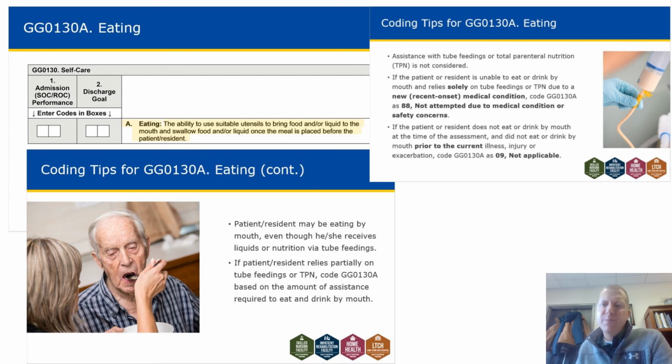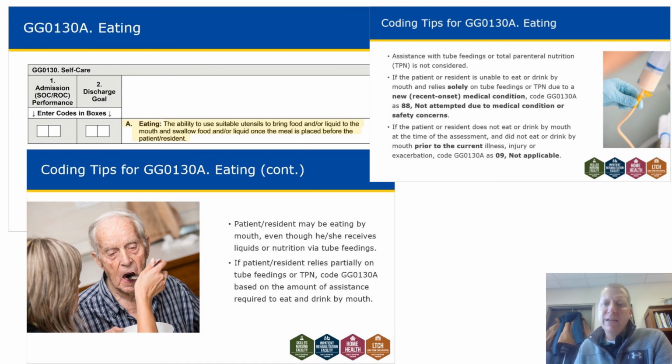Usually if they're being tube fed, it's because they're not safe with the overall swallowing. So that's important. If they're unable to eat or drink by mouth and they're relying just on tube feedings alone, then we probably wouldn't want to attempt this one.